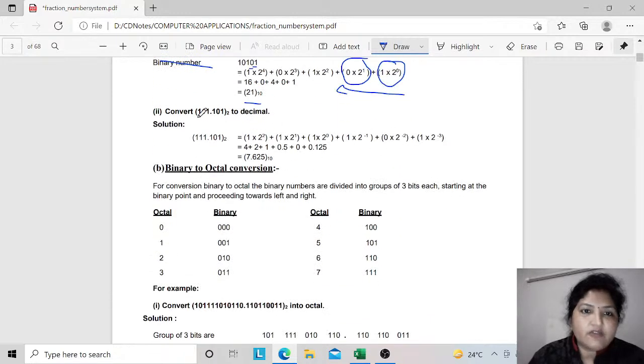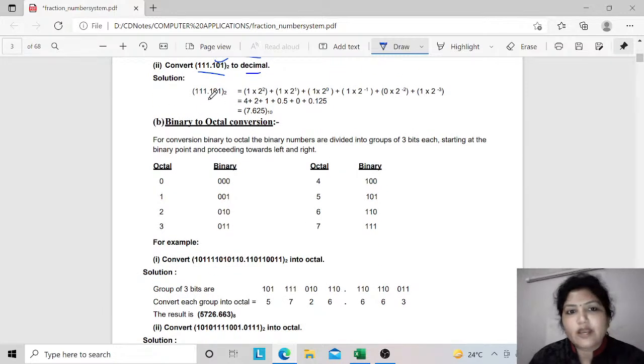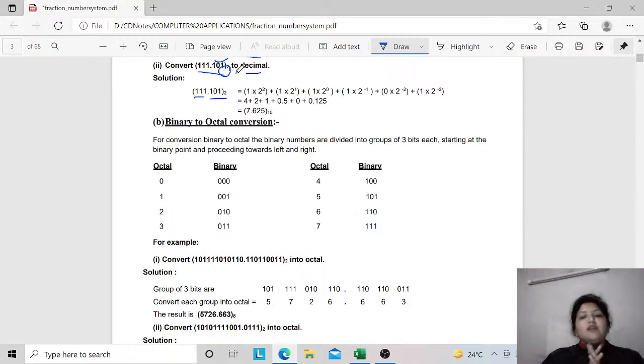So when we have a fraction part in a number, how to convert it? Let us see. Convert this binary number to a decimal number, and you have the fraction part as well, right? Over here we have some fractions and some integral part. Let us see how to convert it, because its base is 2, that means it is a binary number, right?